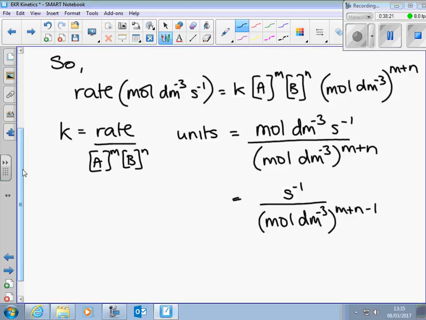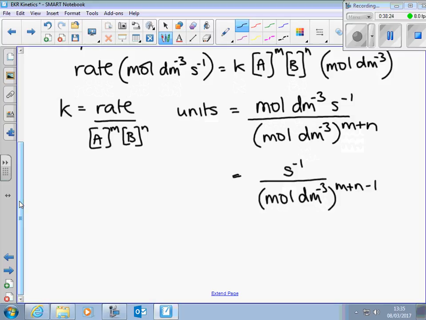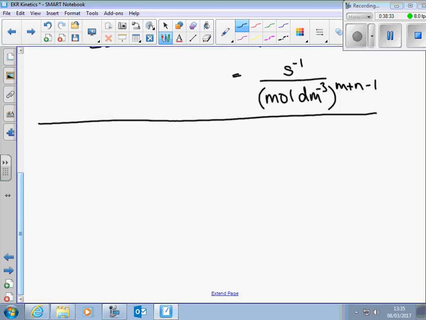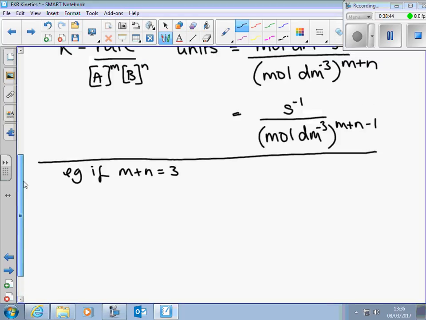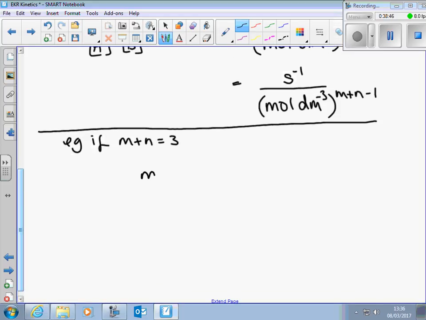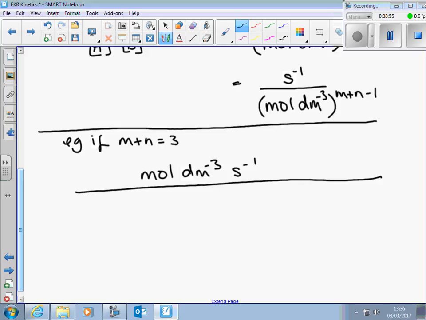Okay, that's fine. If, for example, M plus N was 3, I'm going to put a line under that and just illustrate it. So, if M plus N is 3, then on the top we've got our moles per decimeter cubed per second, and on the bottom I'm going to write it all out.